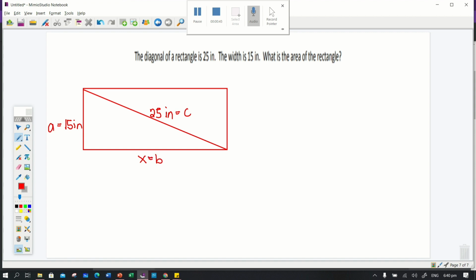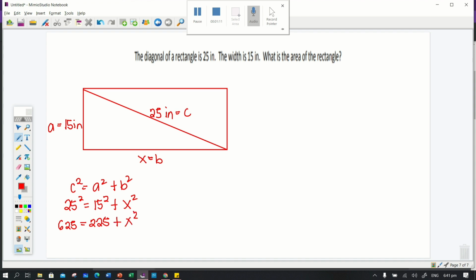By using the Pythagorean Theorem formula, that is C squared is equal to A squared plus B squared. C is 25 squared is equal to 15 squared plus x squared. 25 squared is 625 is equal to 15 squared, that is 225 plus x squared.